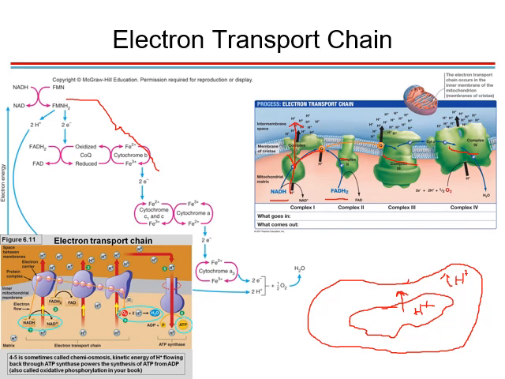The passing of electrons is causing protons to be pumped into the inner membrane space, making a concentration gradient of protons. Protons are high here and will be low inside the matrix. So now we have a proton gradient between this inner membrane space and the space inside the matrix.